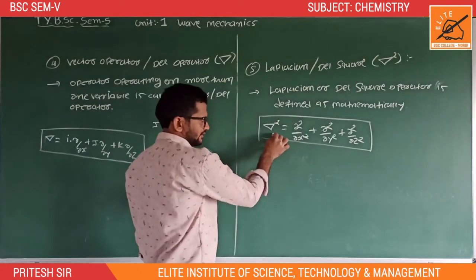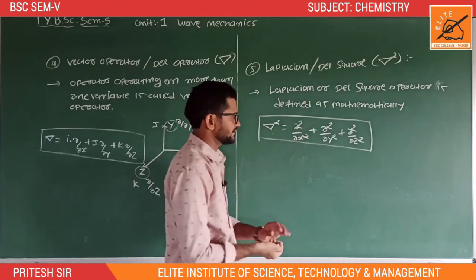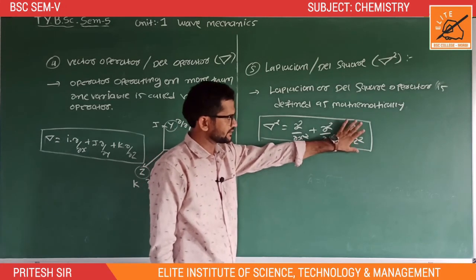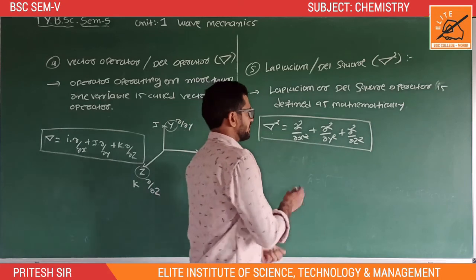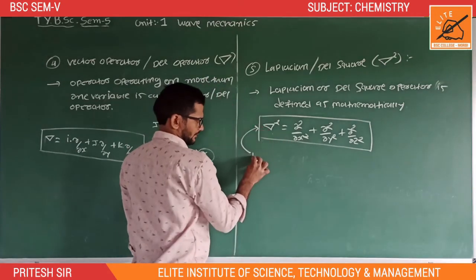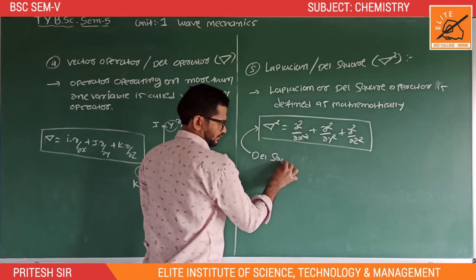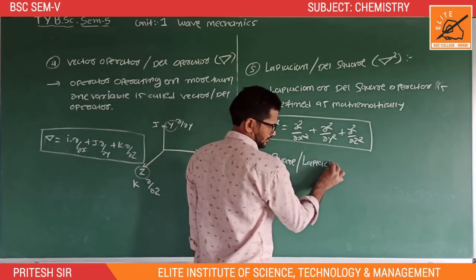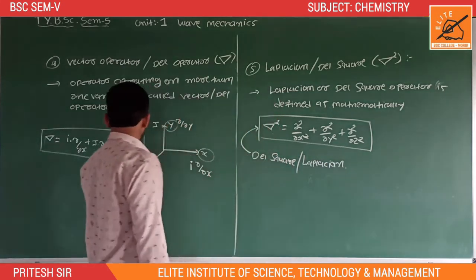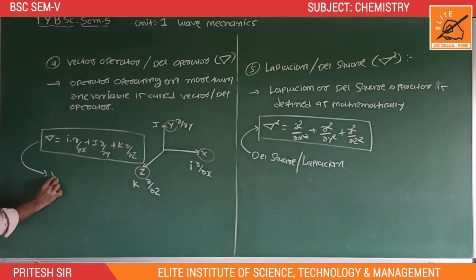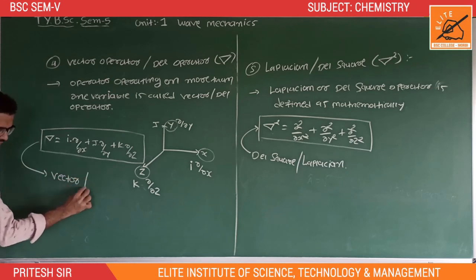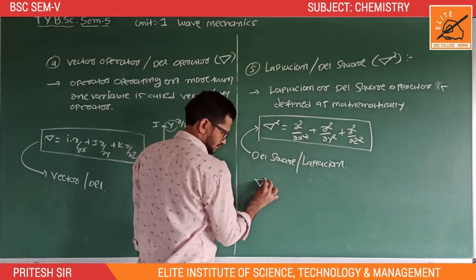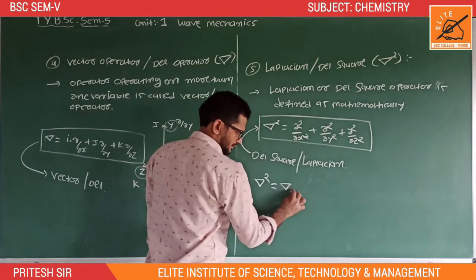So the value of del square is equal to del square upon del x square plus del square upon del y square plus del square upon del z square. This is the mathematical expression of the del square or Laplacian operator, and the earlier one is the mathematical expression of the vector or del operator. In this case del square means del into del.